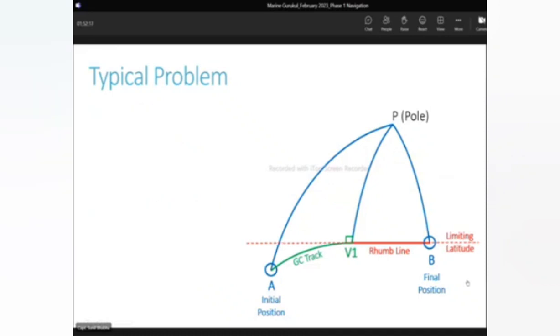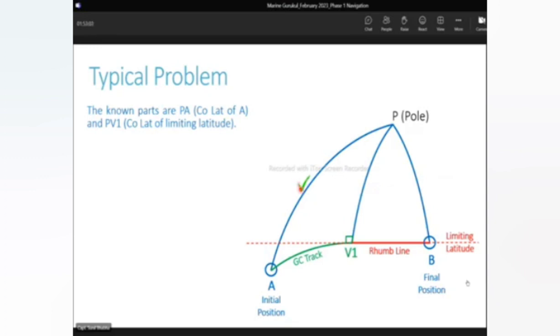Napier's rule says that in a right angle triangle, if we know any two parts of the triangle other than the 90-degree angle or 90-degree side, using the Napier rule, we can find out any other missing part of the triangle. So let's identify the two known parts.